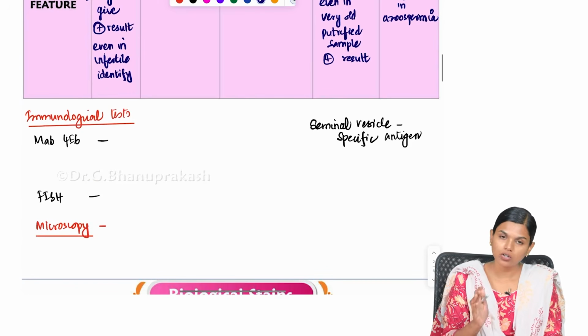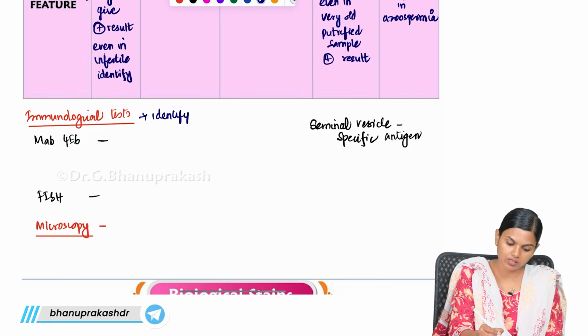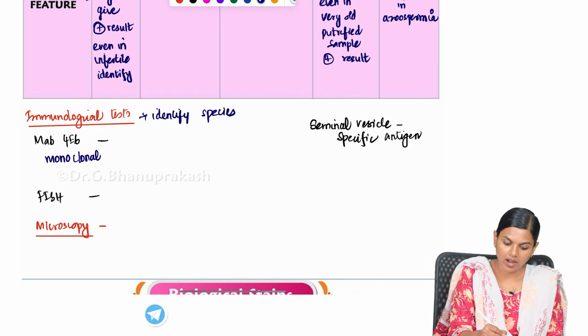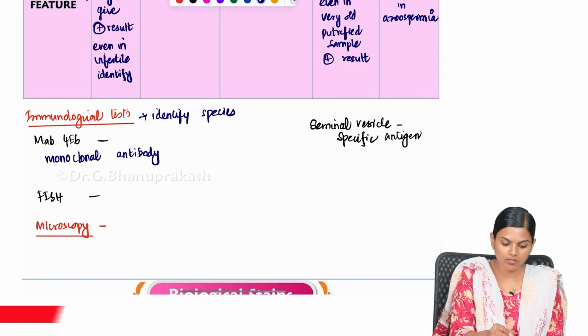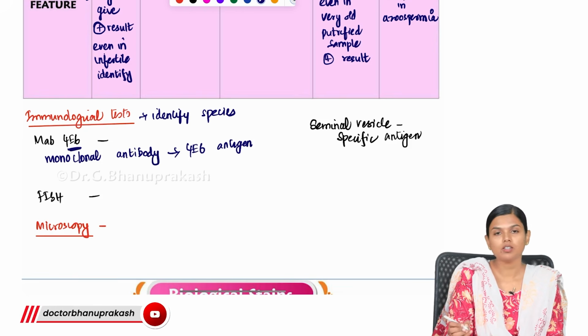Next, we will do immunological tests to identify the species. Here what we have is monoclonal antibody. This monoclonal antibody will go and find this 4E6 antigen, which is present in the seminal fluid.